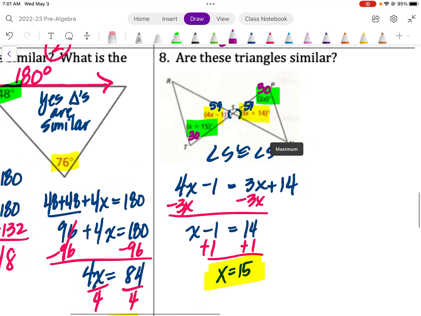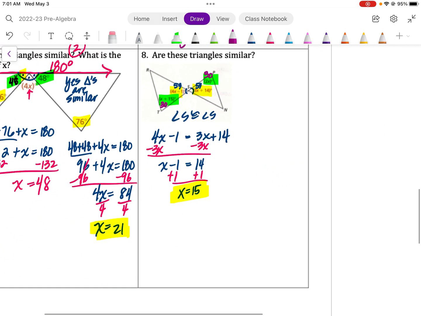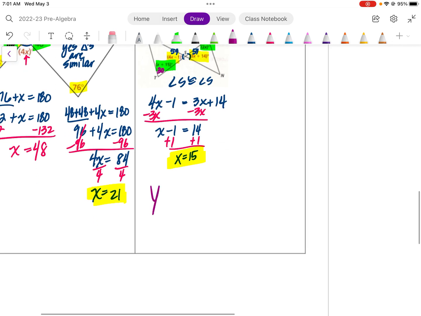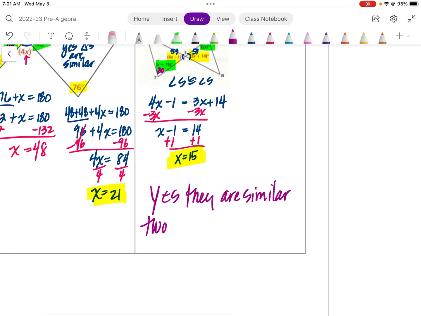So both triangles share a 59-degree angle and a 30-degree angle. So I'm going to say, yes, they are similar, because they have two pairs of congruent angles.